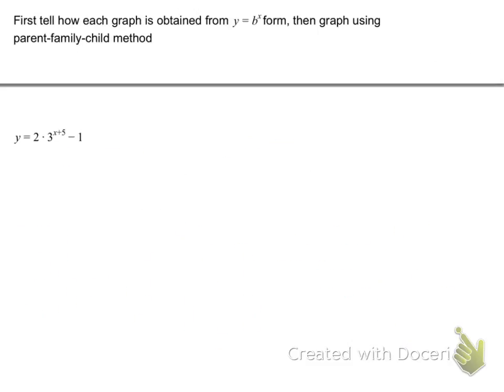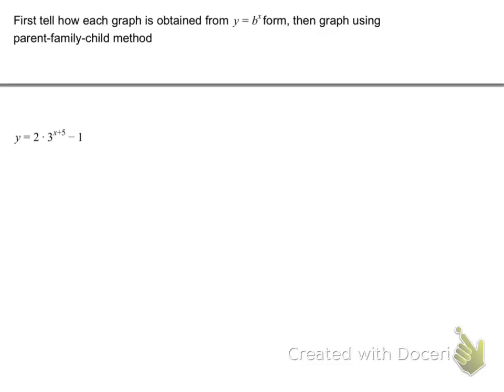So I want to graph this, but before we graph it, I want you to list what is happening. Because if you can list and tell me what's happening, the rest of it should follow. Now, this one, I'm not telling you what the parent is, like our other problems.